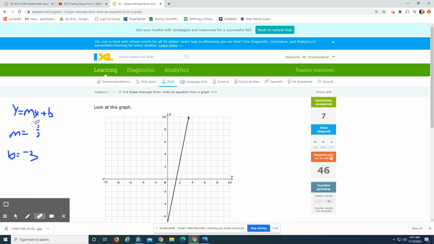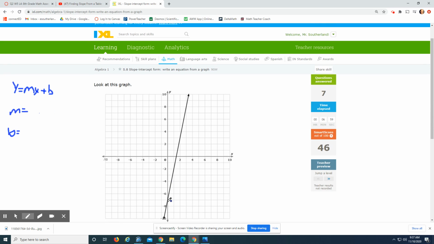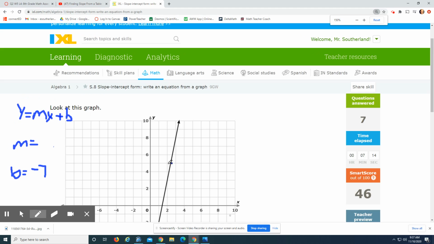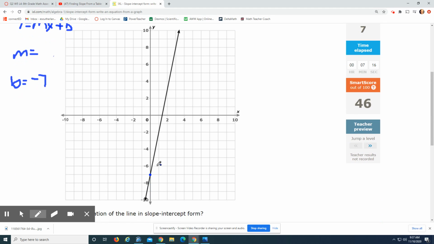Again, same thing. We're going to figure out where it crosses the y first. So we're looking at this line here. It crosses right here at negative 7. And so if you're like me, you might have a hard time. Does it cross right there? You're not sure. The only suggestion I have is to blow up the page. Enlarge the screen and then scroll down, and you can see, oh, it crossed there and it crossed right there.